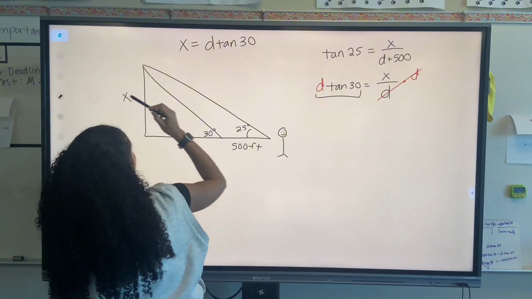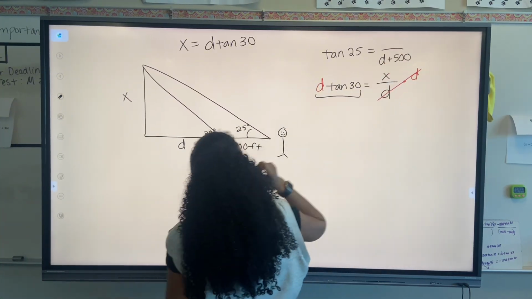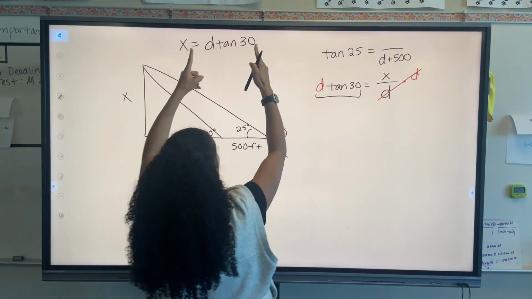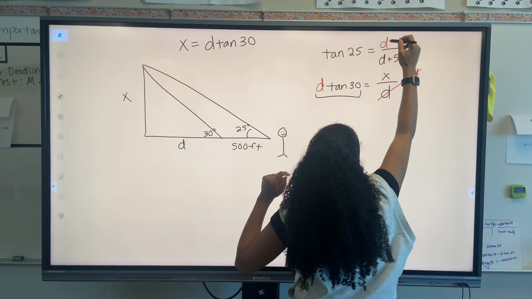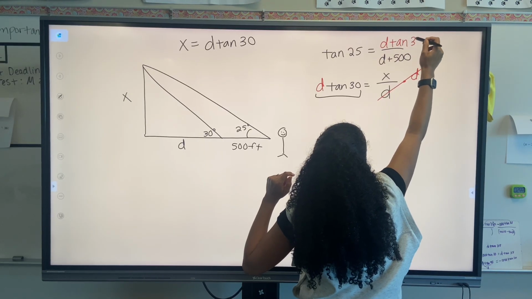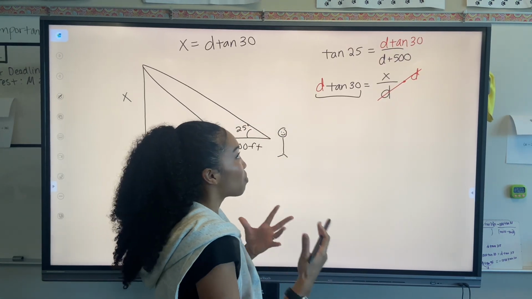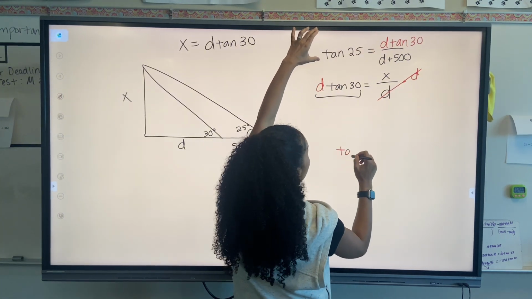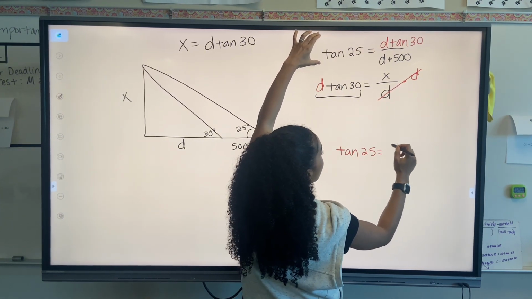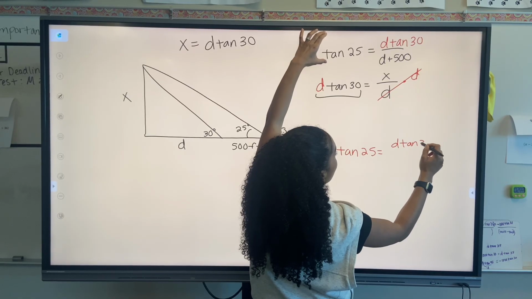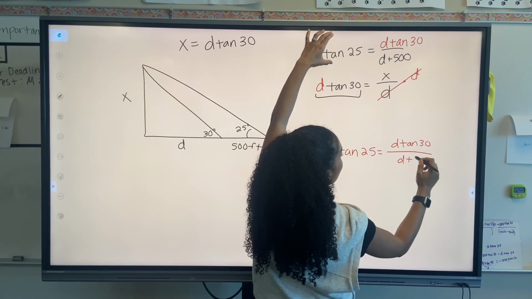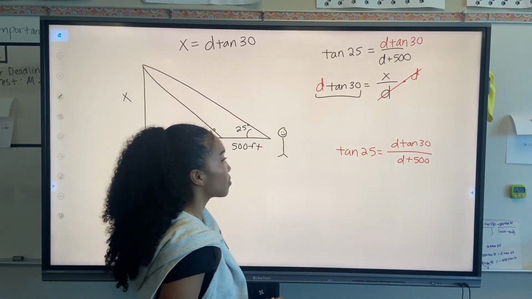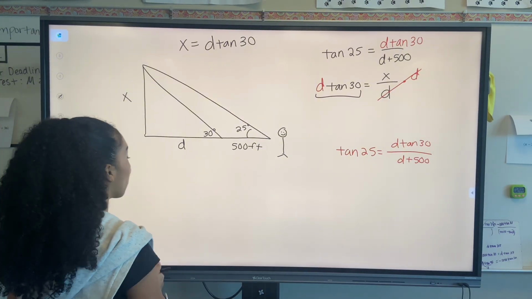So I can erase this x and put d tangent 30. Now we're gonna have to do some algebra to solve for d. So I'm gonna bring this down here. Okay, so now it's all algebra from here on out.